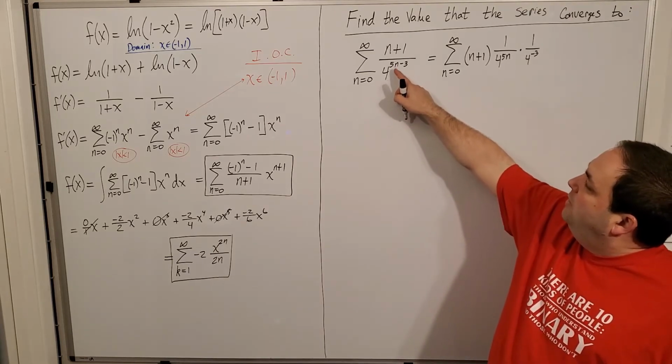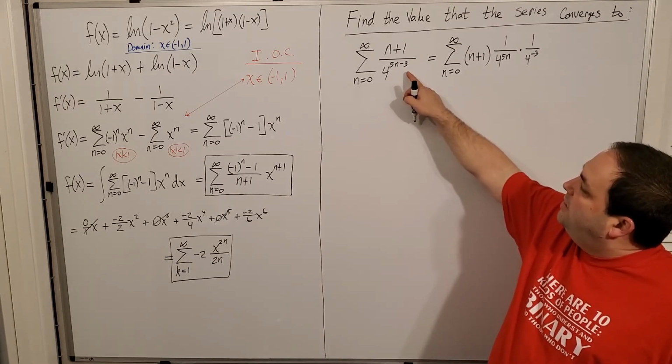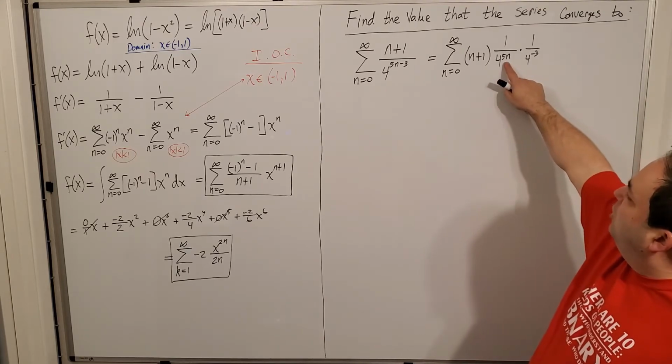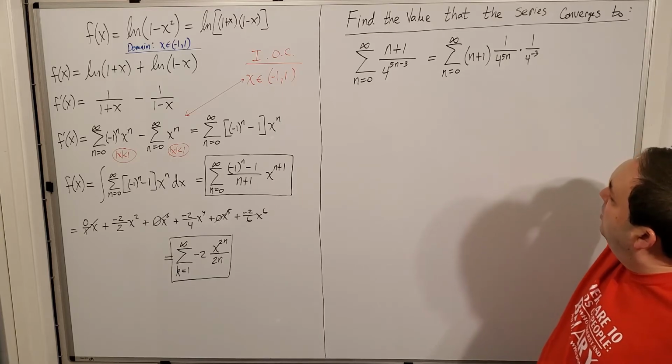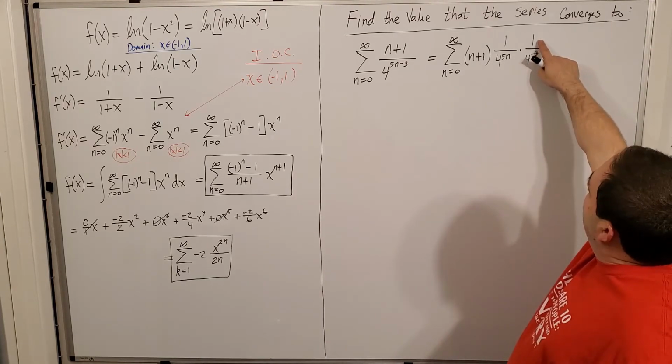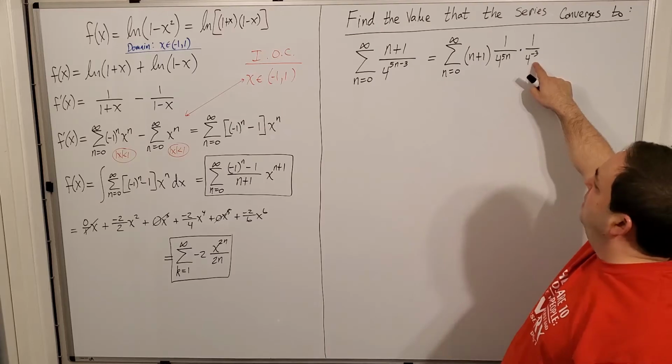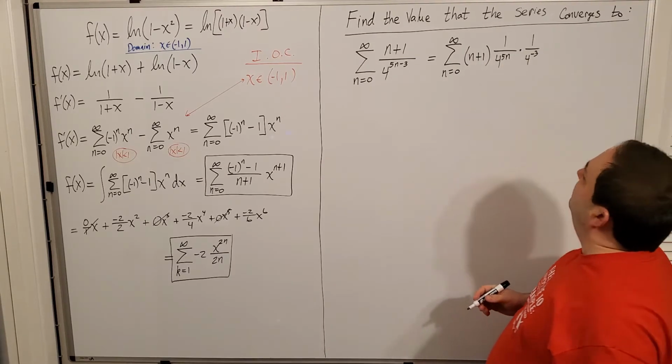I'm just splitting up this complicated exponent so that I can make it look more like a useful power series, just something to the n. And this 1/4 to the -3 is just a multiplied number. I can crank that out to the front.